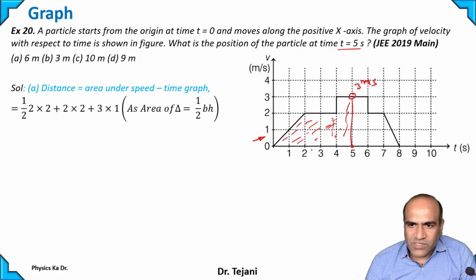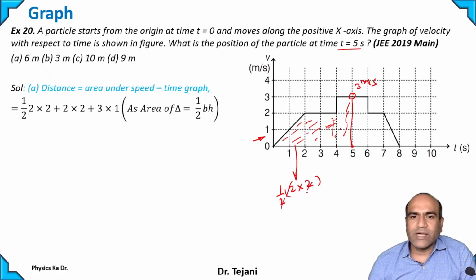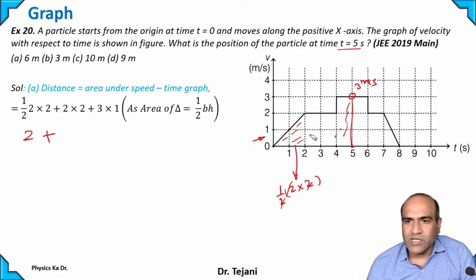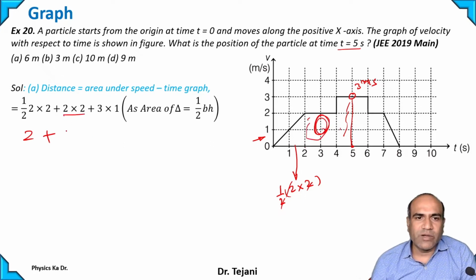So for the first portion, one by two, it is a triangle. So height is two, multiplied by two, the twos cancel, so it is two, plus this square, plus 2 multiplied by 2, 4.